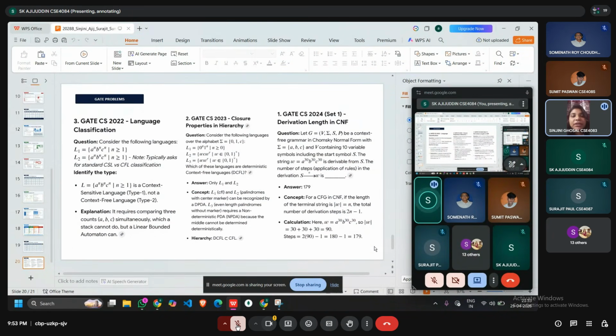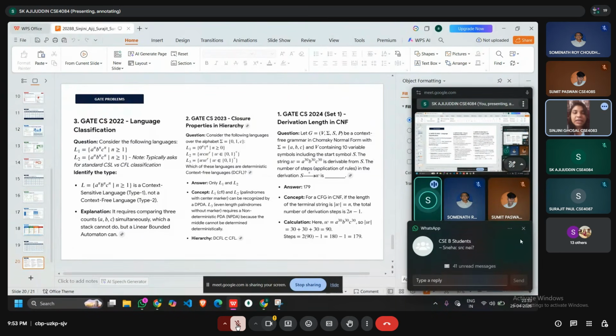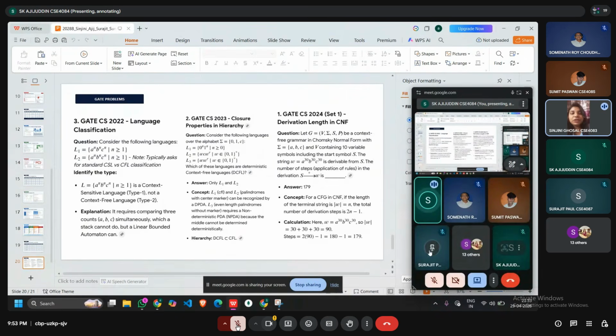Now let us conclude and summarize the full topic using these three GATE previous year questions. The first one is identifying the language type. In GATE questions, we are usually given this type of languages where we have to choose the pattern. If there is no counting, it is regular, that means type 3.